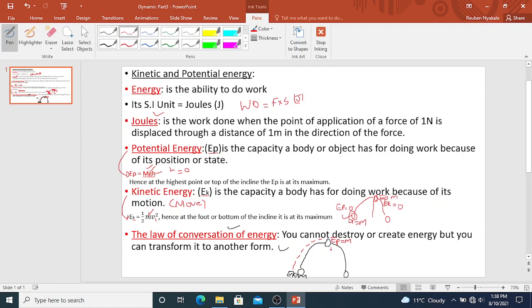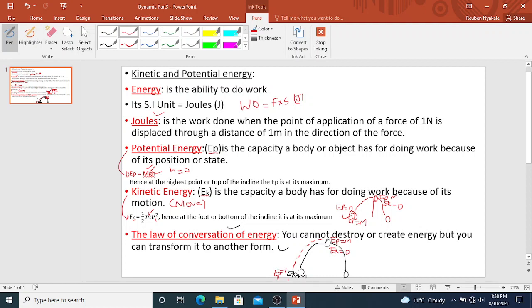Then EK there on top, it is what? It is 0. Now we didn't destroy, we didn't create, we only transferred the EK, because the EP here is 0 at the bottom of the incline.